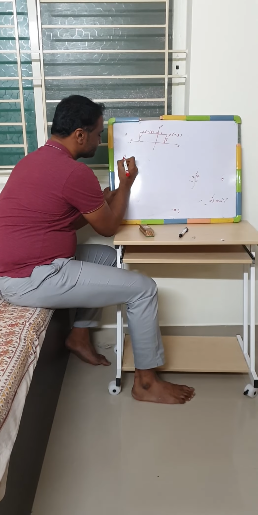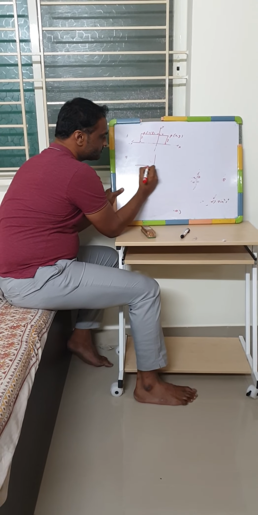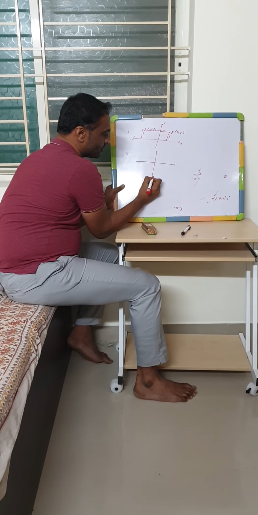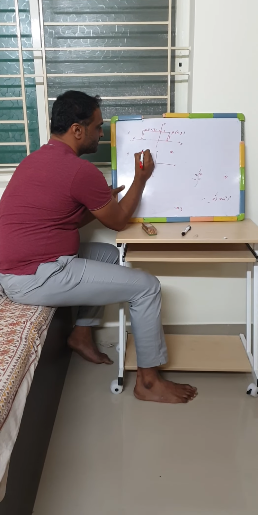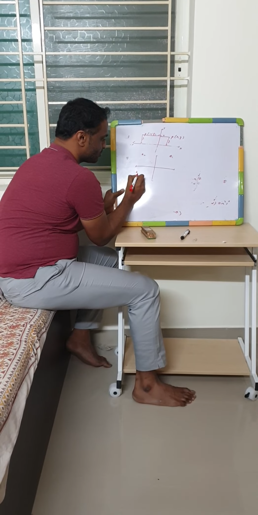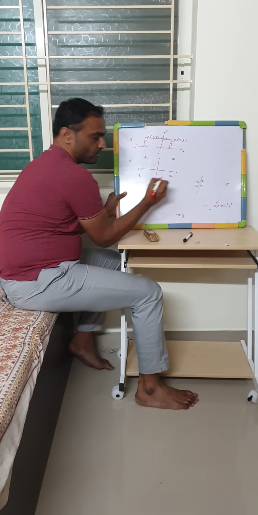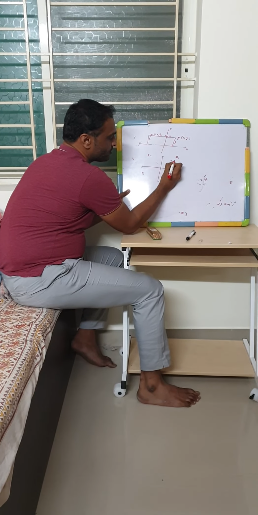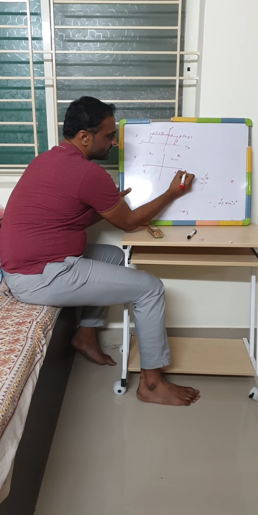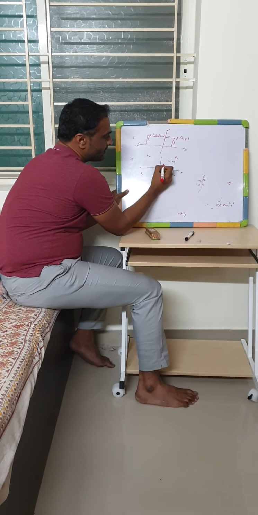Second thing is, we know in a coordinate plane we have 4 quadrants, Q1, Q2, Q3 and Q4, right? In Q1 the x coordinate will be positive and the y coordinate will be positive.